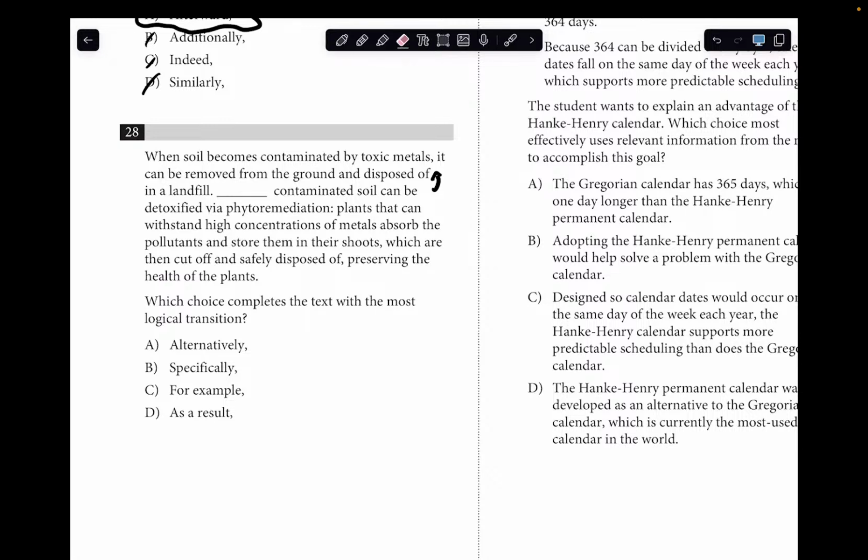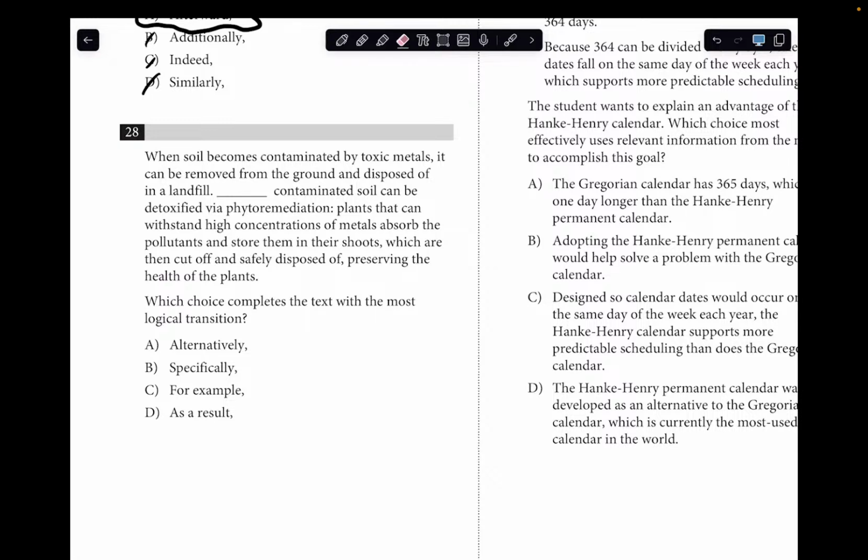Oh, you know what, I need to backtrack on the first part, because when I reread that first sentence, when soil becomes contaminated by toxic metals, it can be removed from the ground and disposed of in a landfill.